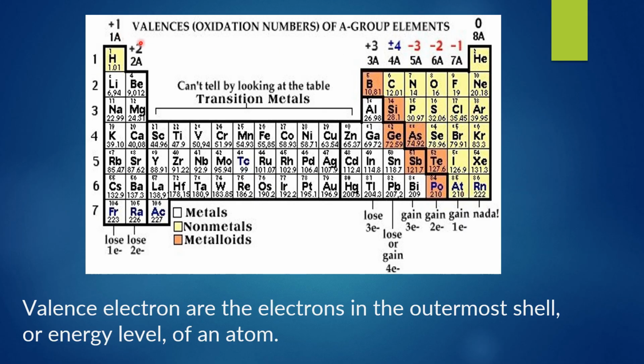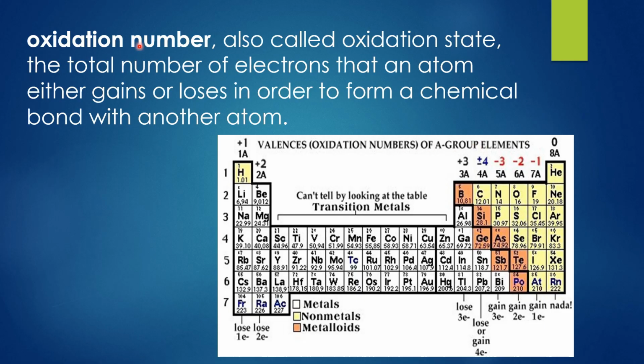Doon sa taas, ito naman po yung tinatawag na oxidation number. That is something to do with our naming compounds in transitional metals. When we say oxidation number, it is also called oxidation state or the total number of electrons that an atom will either gain or lose.